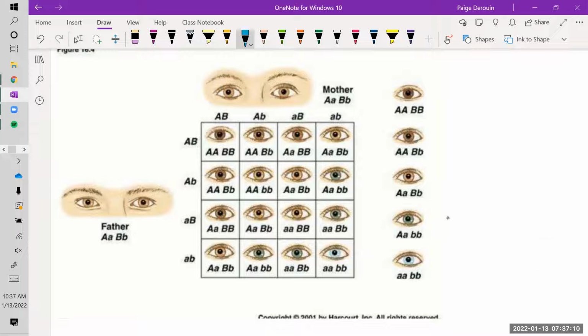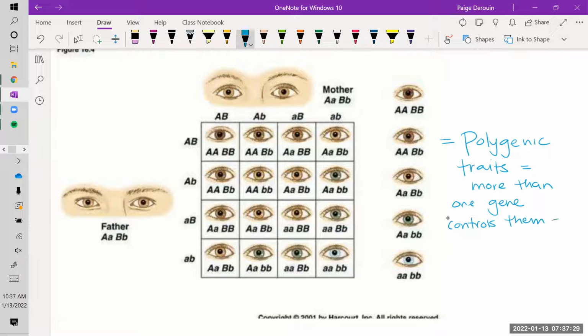So this is called polygenic traits, which means more than one gene controls them. So you're going to get a range of phenotypes.